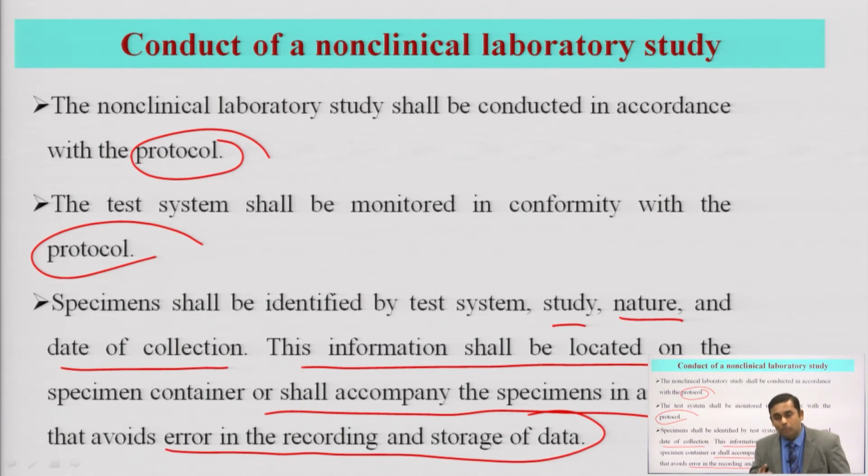And in vivo, if any problem or issue arises, I can say there is no chance you can rectify it. That is why you have to do your work very carefully. So the information shall be located on the specimen container or shall accompany the specimen in a manner that avoids error in the recording and storage of the data.